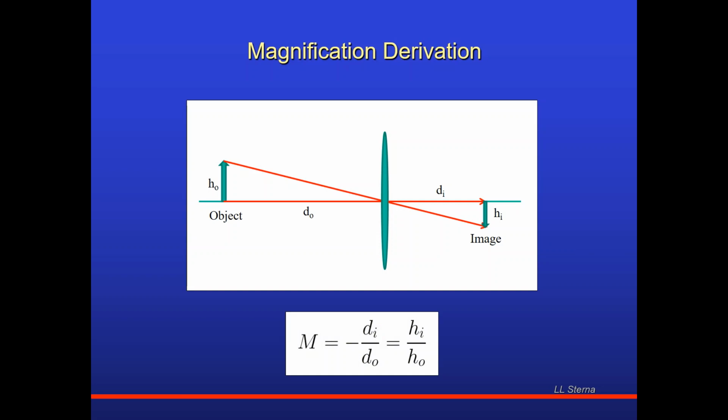DI over DO, HI over HO. However, HO, DO, and DI are all positive numbers. To make the equation work, since HI is negative, we add a negative. Minus DI over DO equals HI over HO.